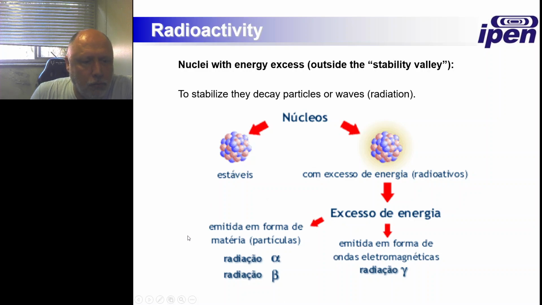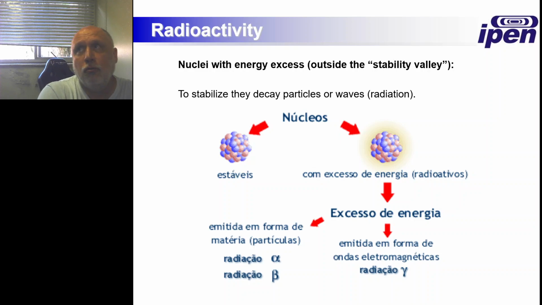If it's just an excited state, an isomer of the original nucleus, it can emit only gamma radiation and just get rid of the excess energy.